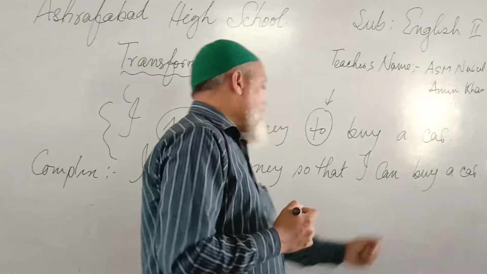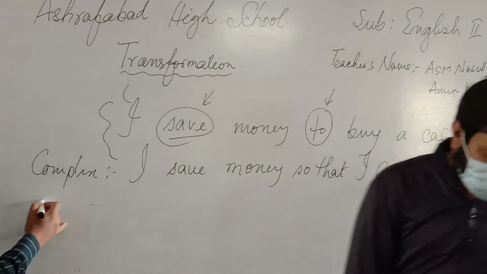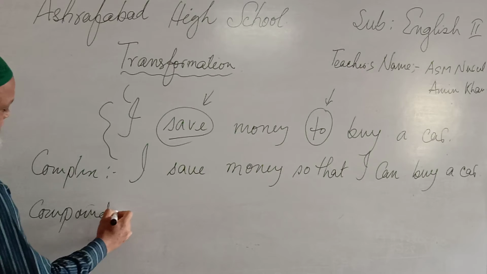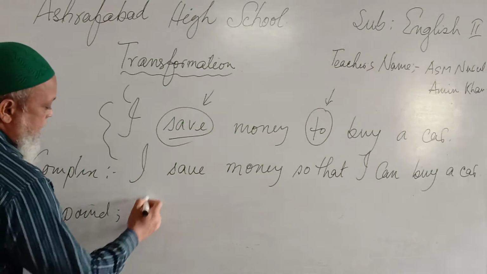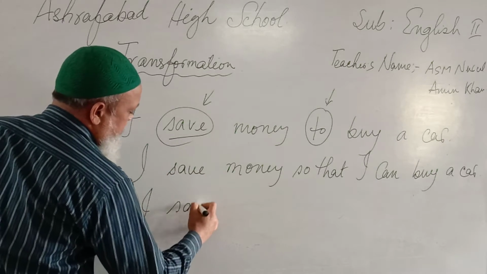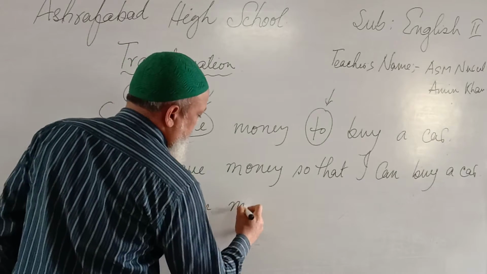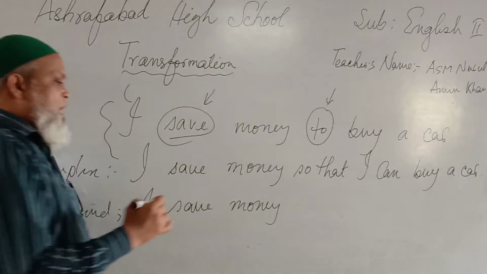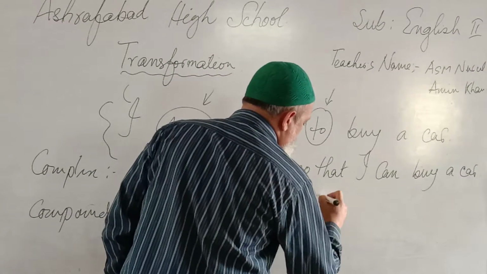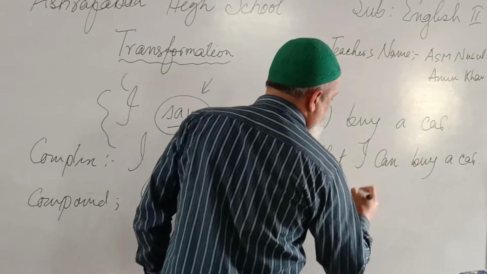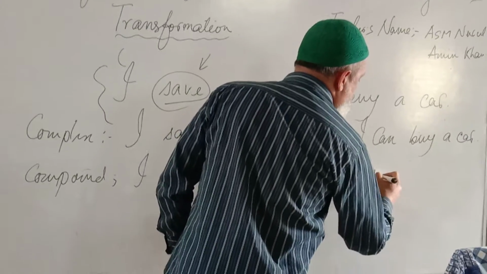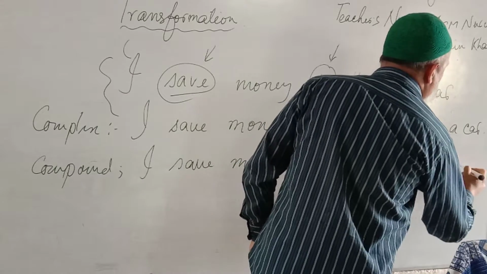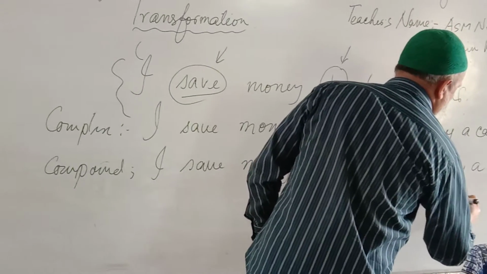It will be compound: I save money and I want to buy a car.